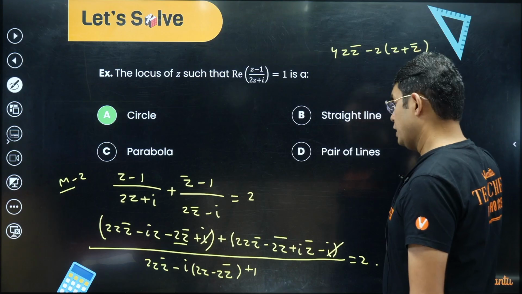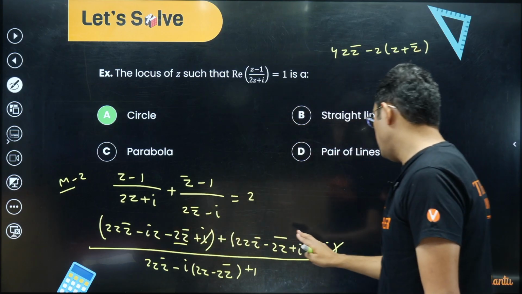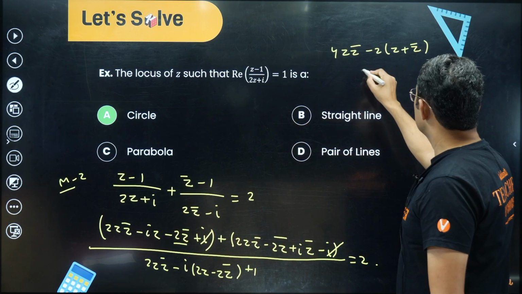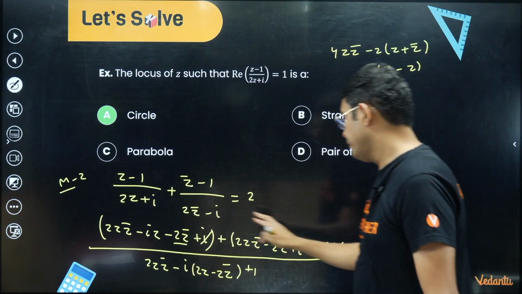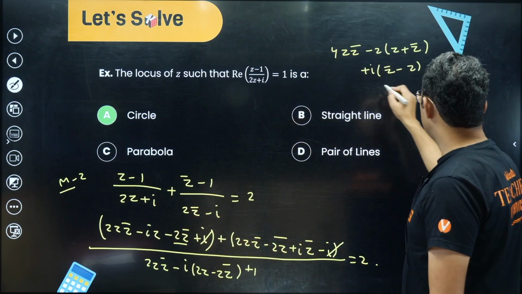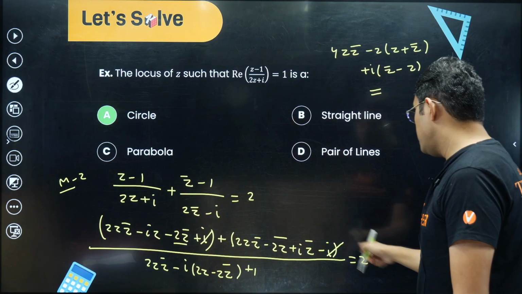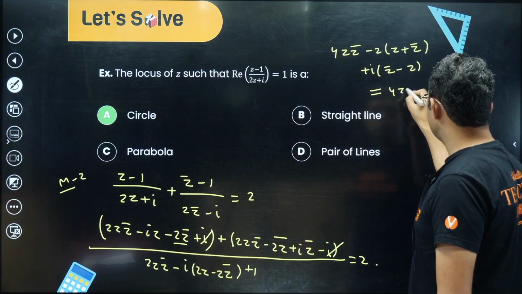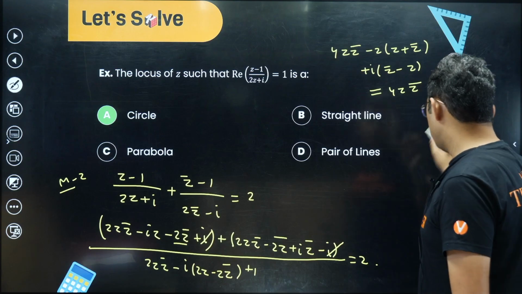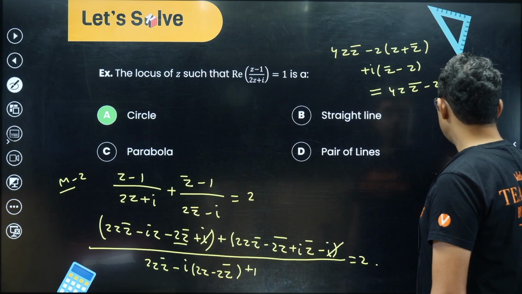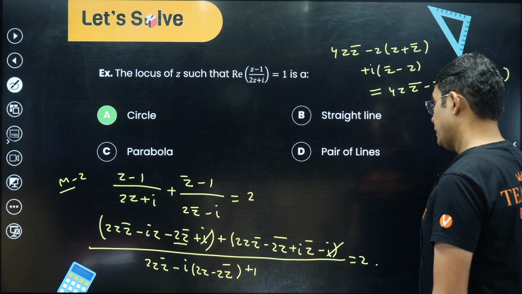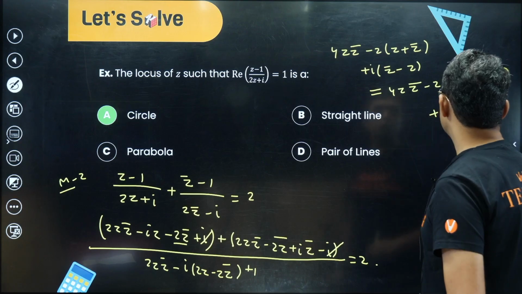Similarly, here minus iota and it is plus iota, so if I take plus iota, it will become z bar minus z. All is done from the denominator, and equal to, this will become 2 into 2, 4z into z bar. Here minus 2 iota, and this will be 2z minus 2z bar plus 2. So this is what we are getting.